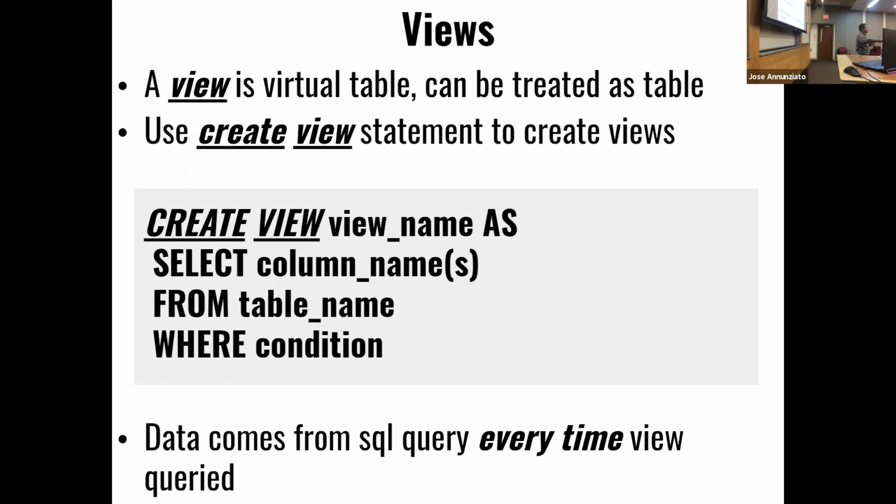A table is backed by actual records stored in a file. Whereas this, even though I can treat it syntactically as if it were a table, when you use the name of the view, it just reruns the select statement again, regenerating that intermediate table.